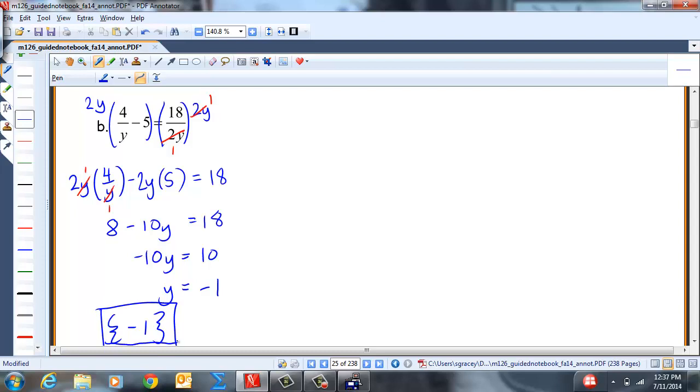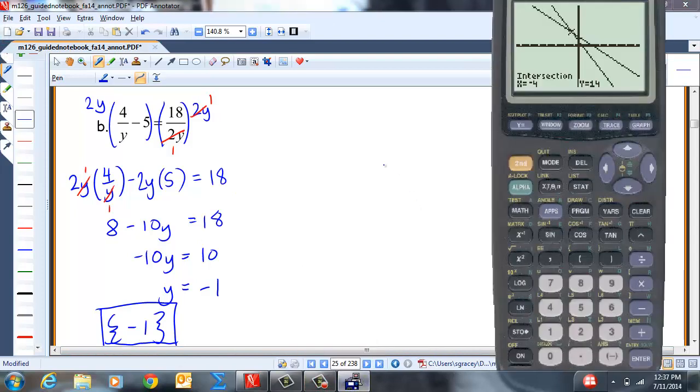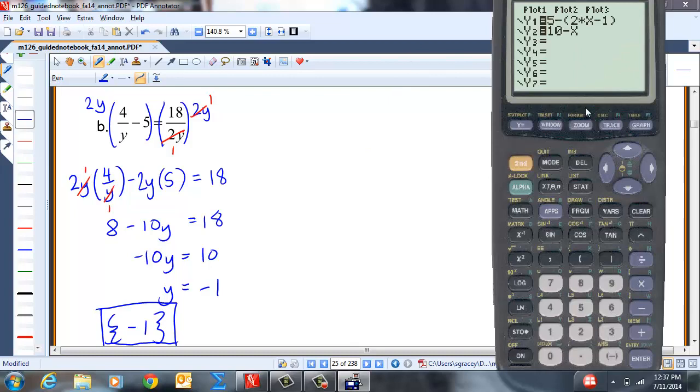Now be real careful here because you're going to be entering this in terms of x. And again, I'm going to just go ahead and zoom standard again. But this one here is set up for y as an independent variable.